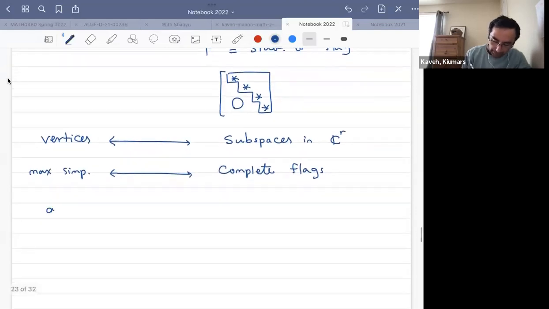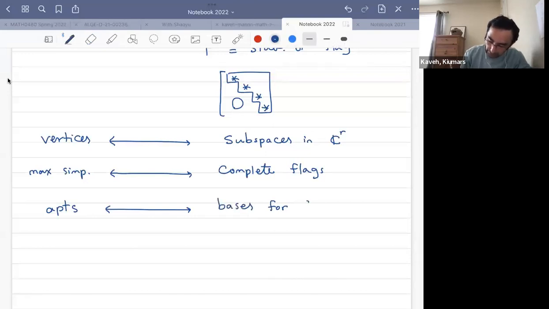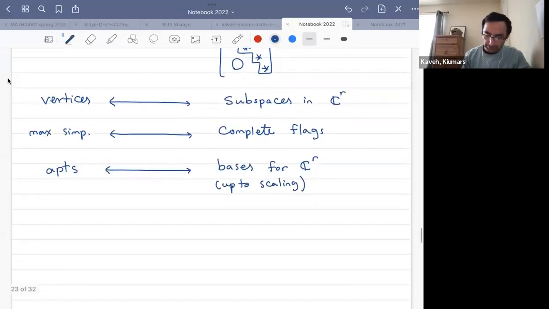And apartments correspond to the choice of a basis, up to a scale. Sometimes a basis up to a scaling, so you are allowed to multiply each basis element with a non-zero scalar. Sometimes it's called a frame.